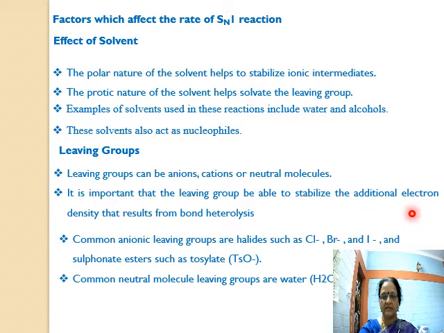RX is there, right? So that will dissociate, and X has to have the capacity to bear the excess electron that is given from the bond breaking. Then the common leaving groups are halogens and the sulfonate esters. Then the common neutral molecules can also act as the leaving group.